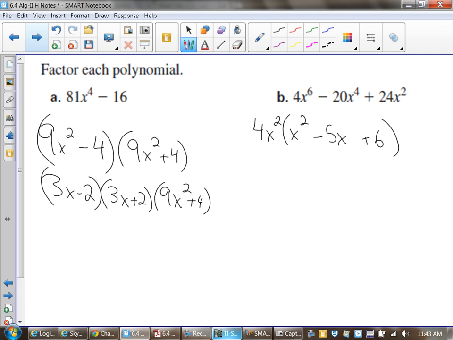Negative 2, negative 3. What changes? Think about it. You're right, it's minus 2 and minus 3. It's got to be an x, but what's the degree? Squared.